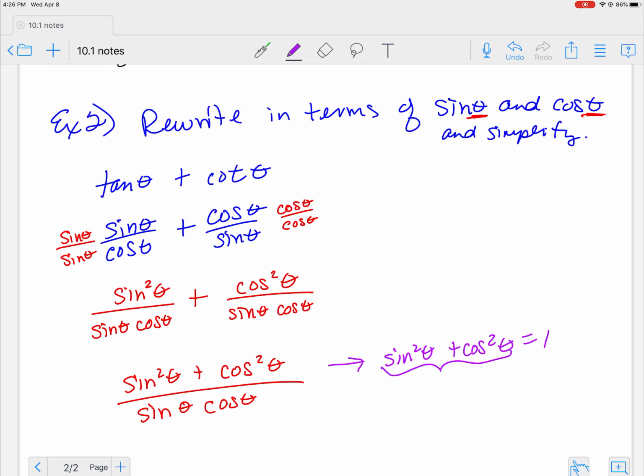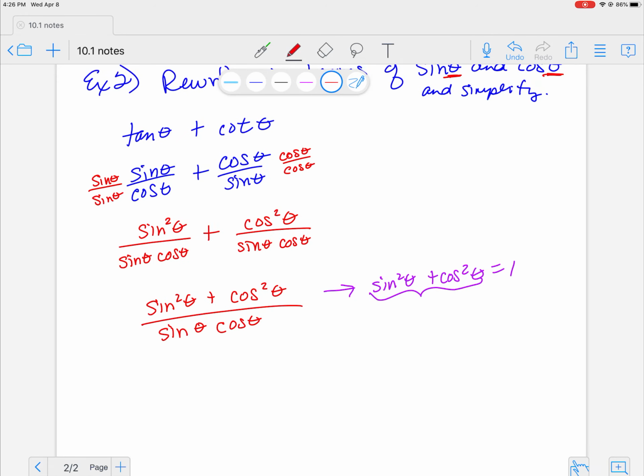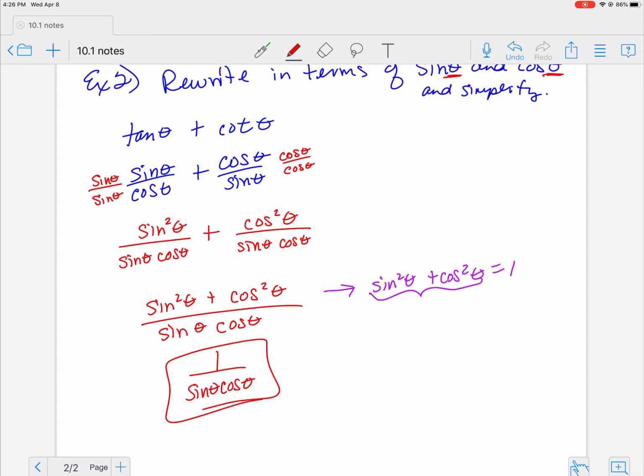If you just keep that toolbox, those identities, this is the whole purpose of this, to be thinking of those identities. I know that sine squared theta plus cosine squared theta is equal to 1. So if these are equivalent, you can replace sine squared plus cosine squared with simply a 1. And that is your final answer.